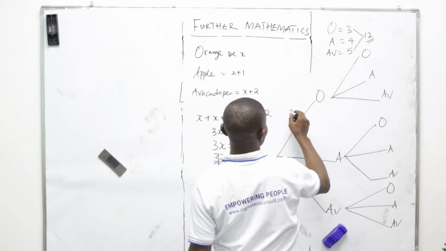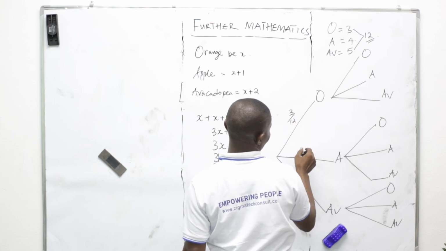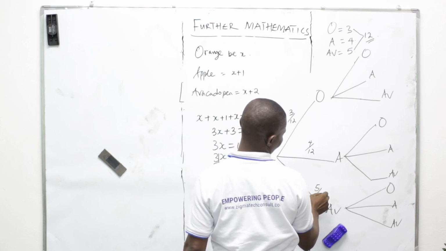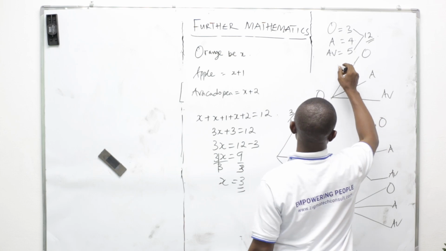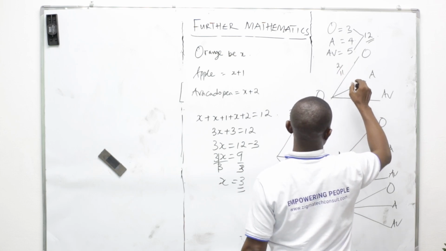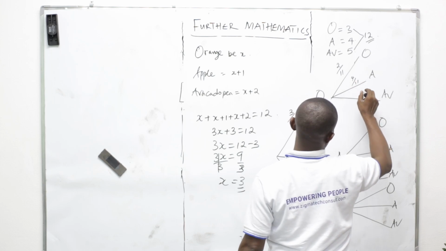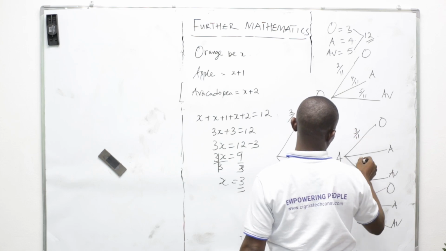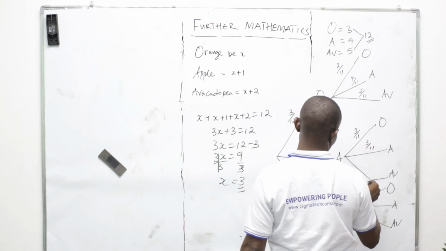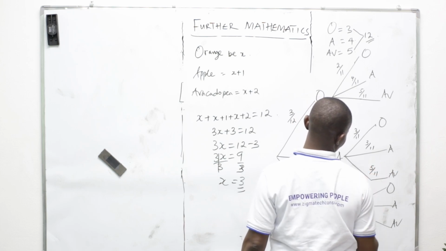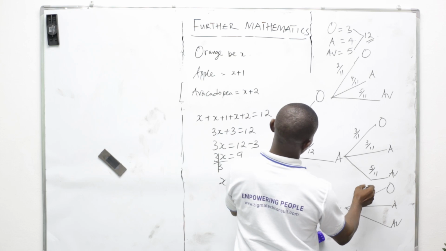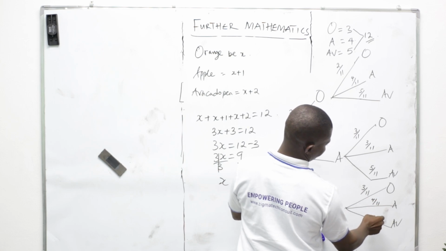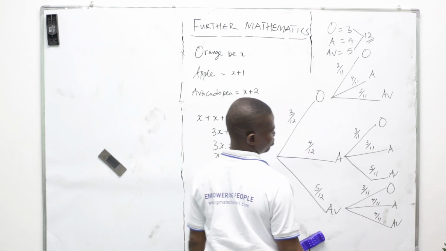For orange, 3 over 12. Apple, 4 over 12. Avocado pear, 5 over 12. So without replacement, orange 2 all over 11, apple 4 over 11, avocado pear 5 over 11, then 3 over 11, 3 over 11, 5 all over 11. Then for this, 3 over 11, 4 over 11, then 4 over 11.